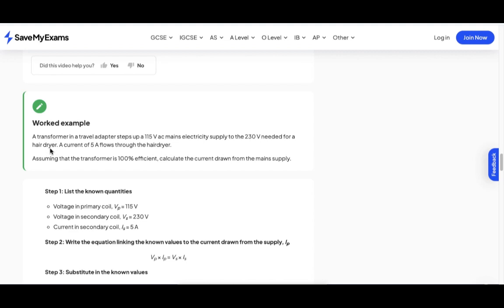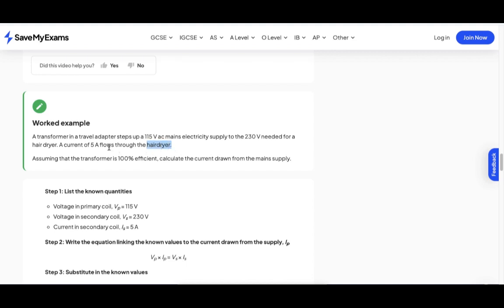You want to use this transformer in a charger adapter, with a small transformer inside it, to convert 115 volts to 230 volts for your hair dryer. A current of 5 ampere flows through the hair dryer. The hair dryer is the secondary, the load.